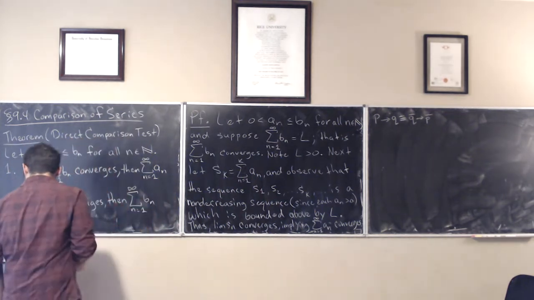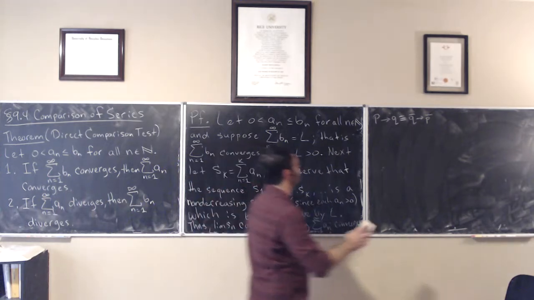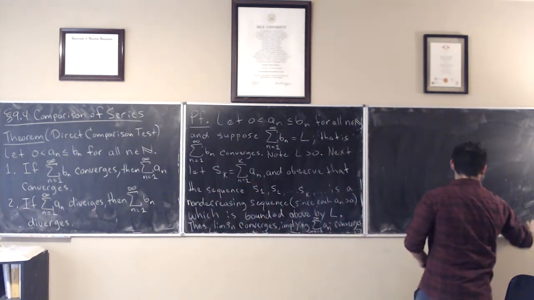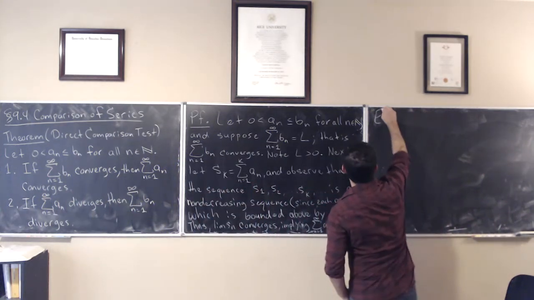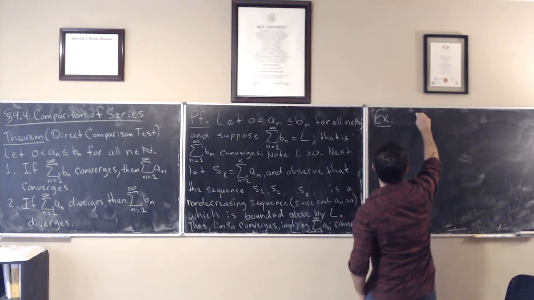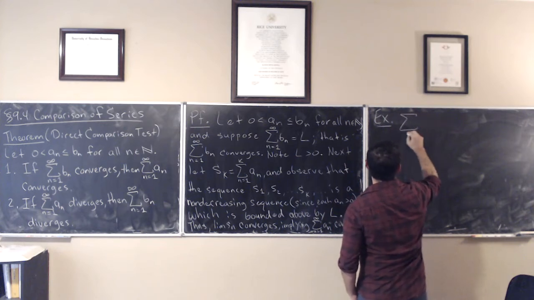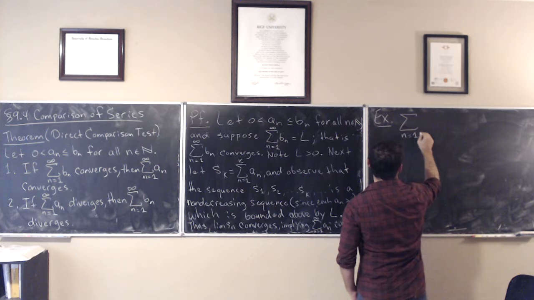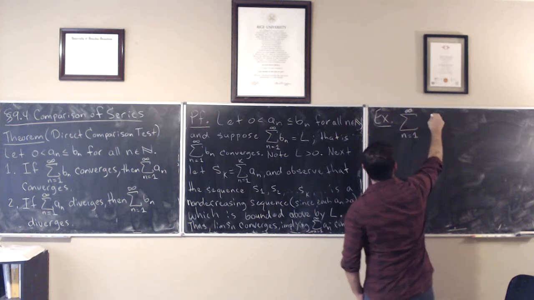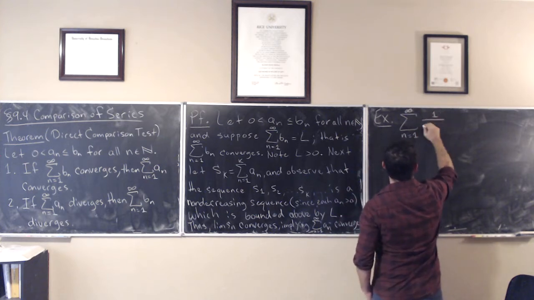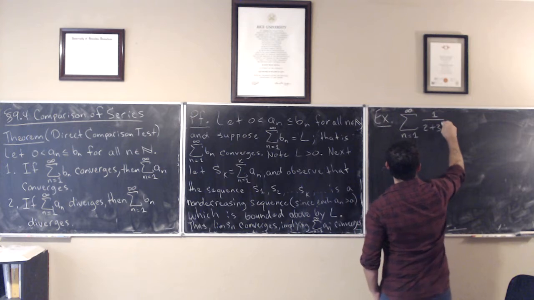Okay, so let's look at an example of applying this theorem. Let's consider the infinite series from n equals 1 to infinity of 1 over 2 plus 3^n.